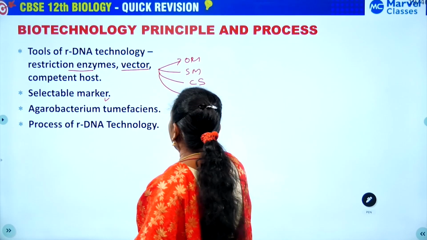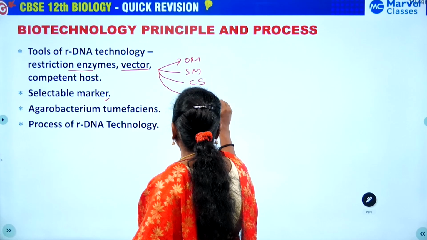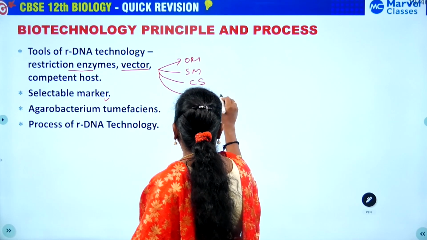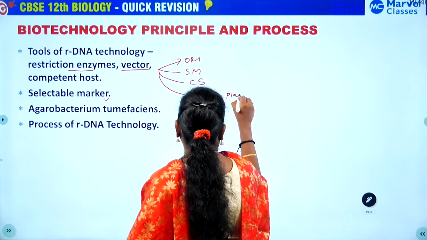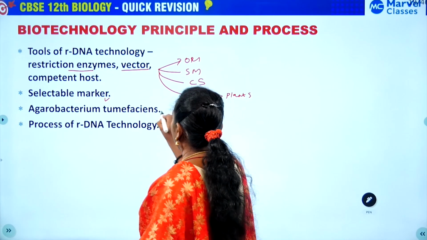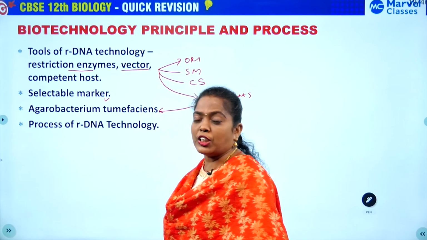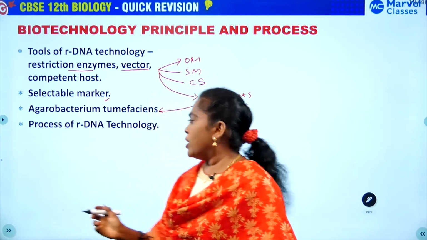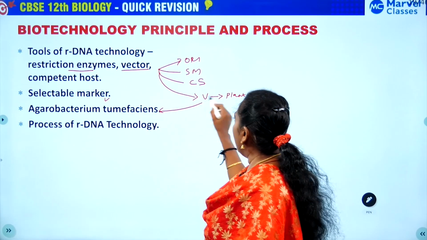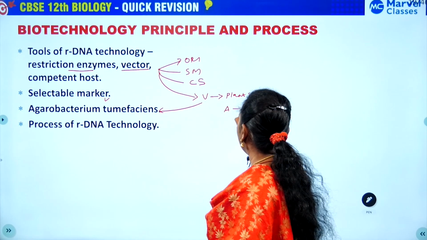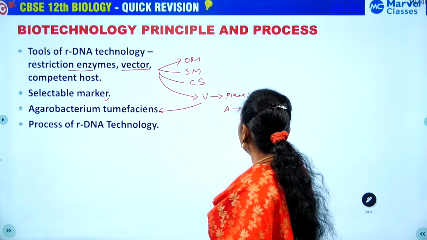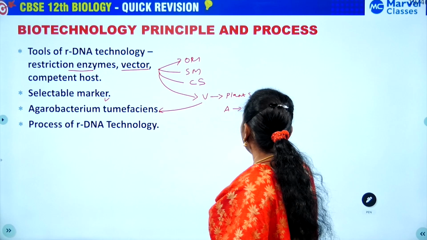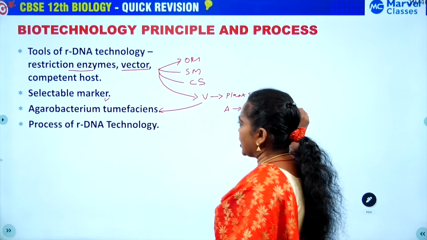And vectors for cloning in plants and animals. The vector for plants is Agrobacterium tumefaciens, the natural genetic engineer. In animals, retroviruses. You have to remember these concepts.